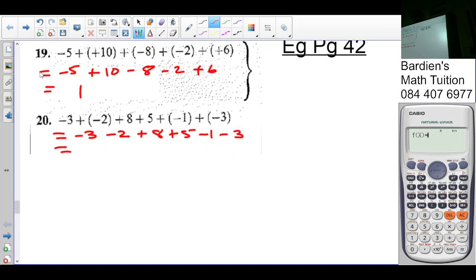Negative 3 minus 2. Negative 5. Negative 5 plus 8? 3. 3 plus 5? 8. Minus 1? 7. Minus 3? 4. You all agree with that? Yes, sir. Right. Please make yourself a number line.